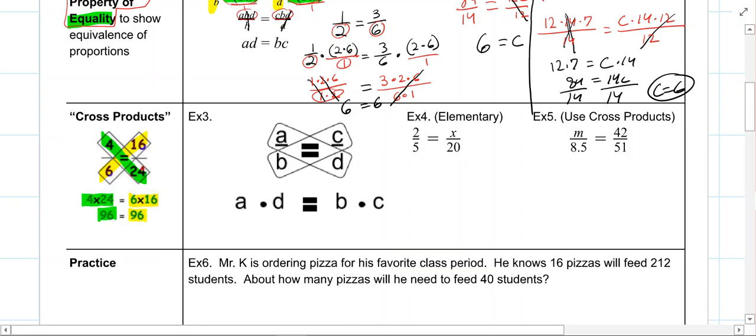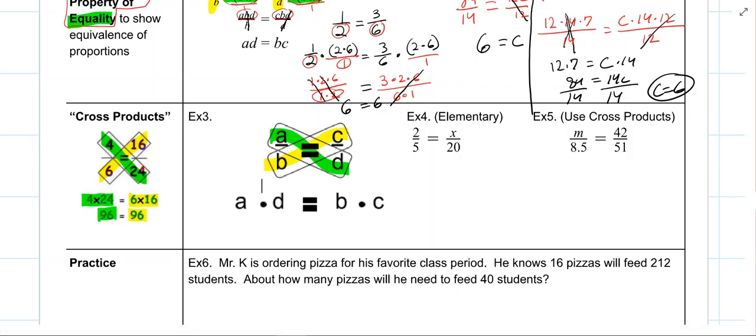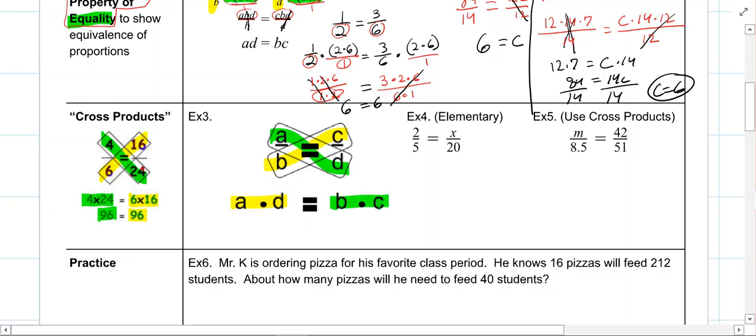Let's go try it. A times D is equivalent to B times C. And you have right down here, A times D is equal to B times C.